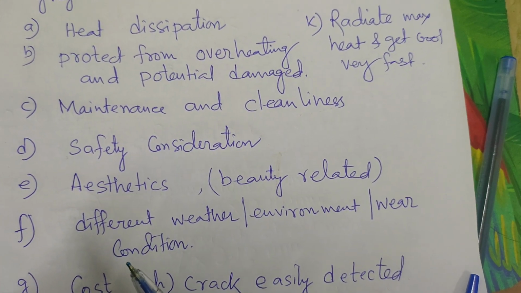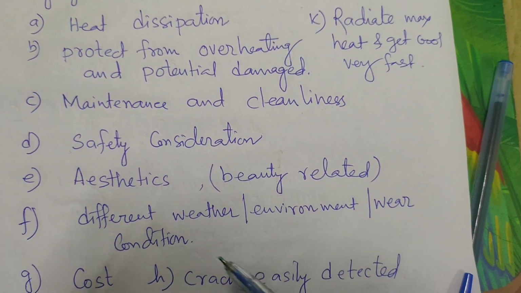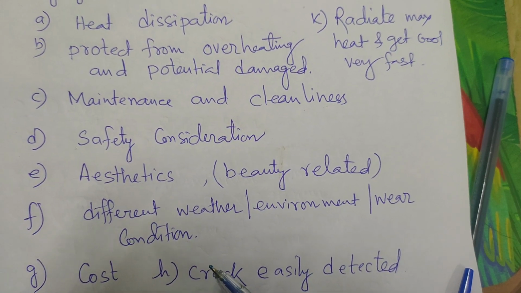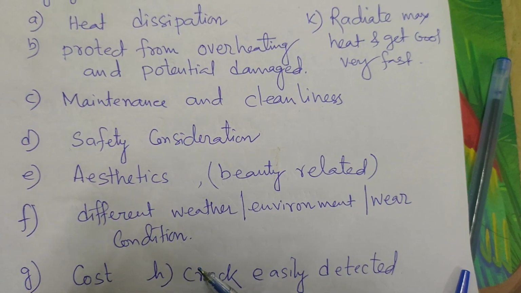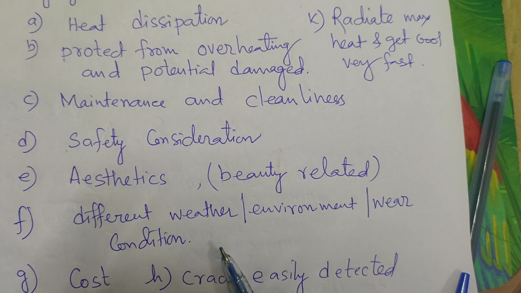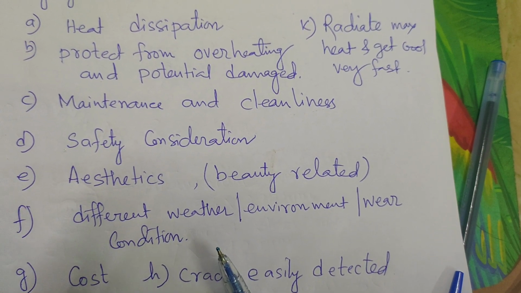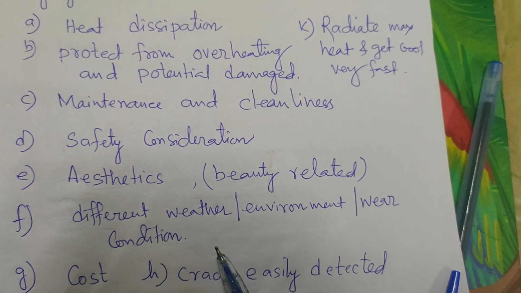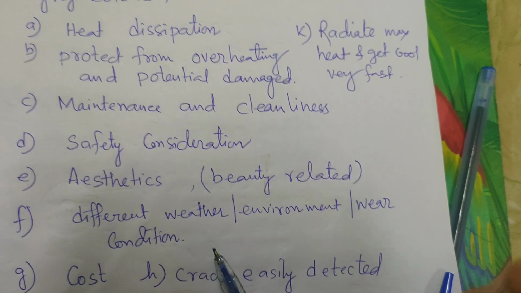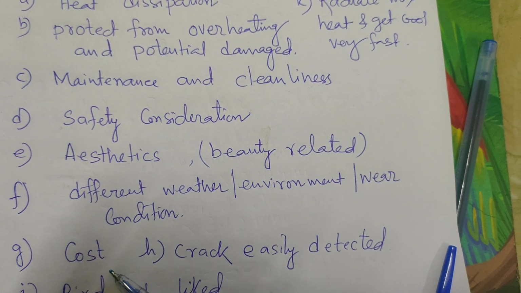So the gray color is suitable for all weather, environments and wear conditions. If any type of corrosion or industrial or corrosive gases are there, the gray color is very good at protecting against the fastest deterioration. Also it is related to cost.